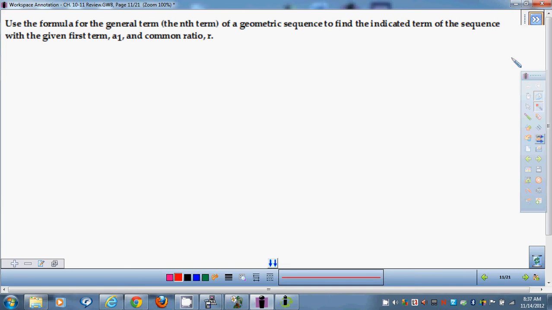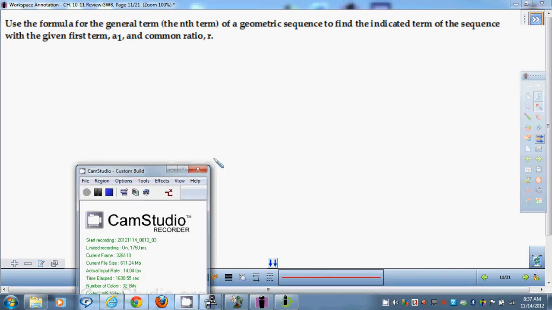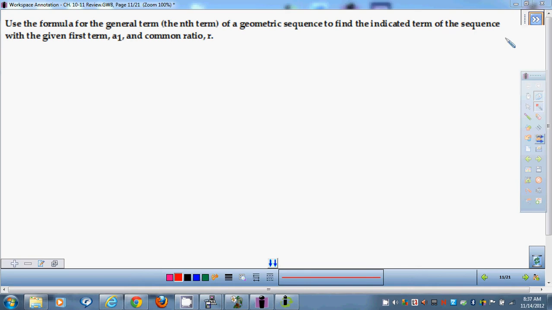Number 10. Luckily he didn't catch it. Use the formula for the general term, the nth term of a geometric sequence. Use the formula for the general term to find the geometric sequence term.